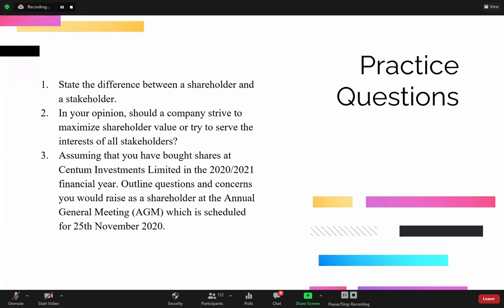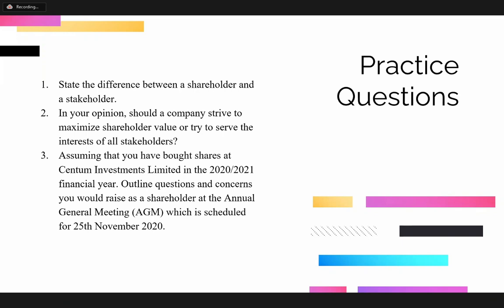Other emergency issues, maybe the business is losing out or they need to sell, they need to increase capital. Other relevant issues that we need to be updated about.